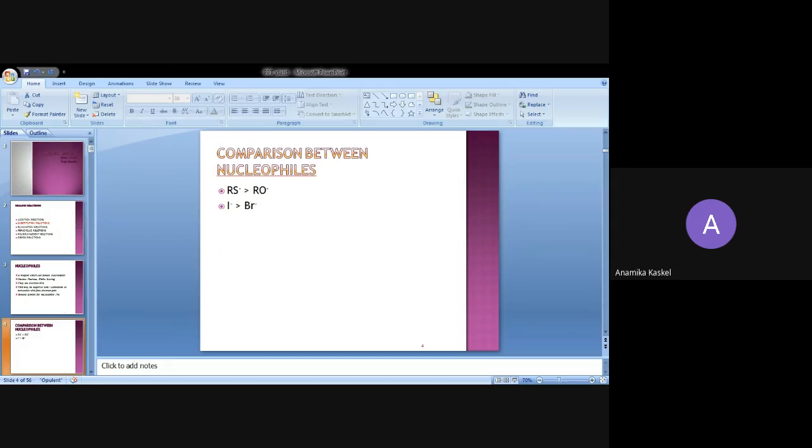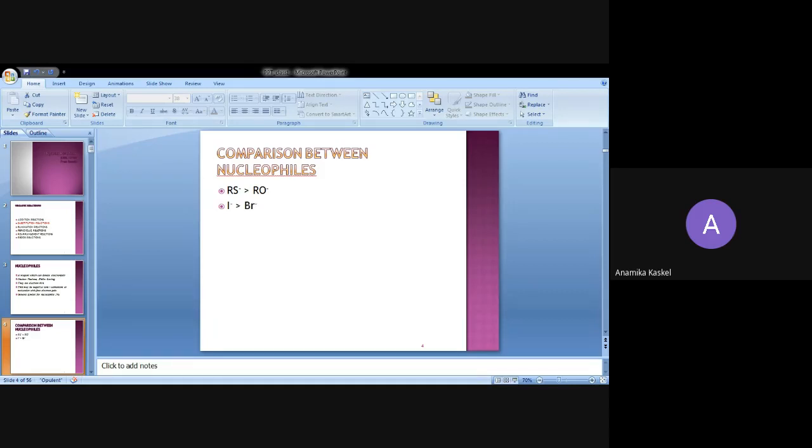What is the reason? Because in RS minus, the negative charge is present on the sulfur, but in RO minus, the negative charge is present on the oxygen.